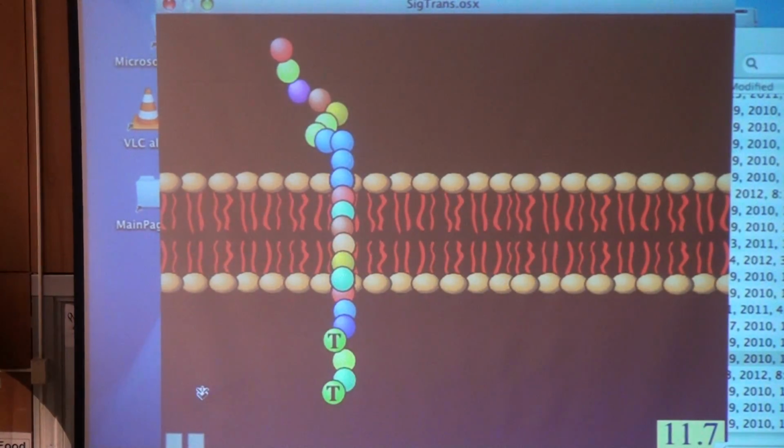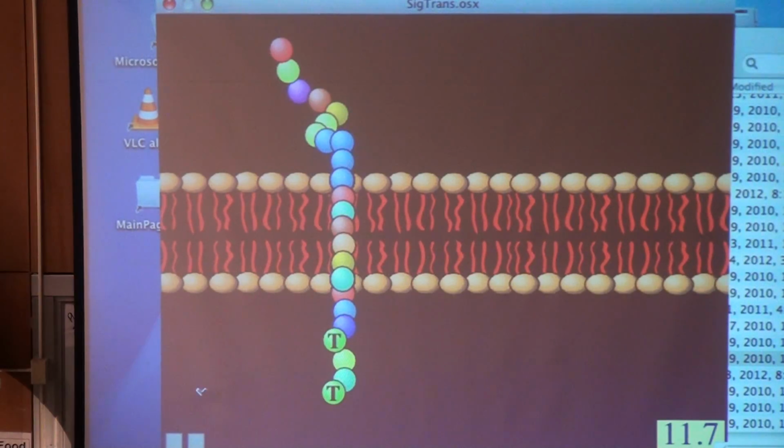There it is right there. The little T's at the bottom of the receptor represent the amino acid tyrosine. Remember that there are 20 different types of amino acids, and tyrosine is one of the 20 types of amino acids.